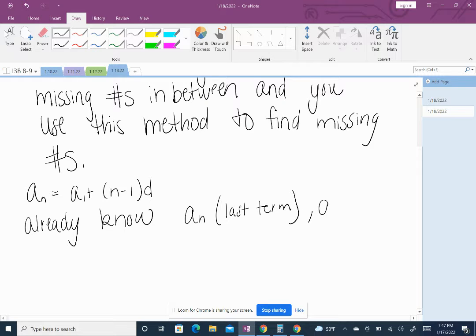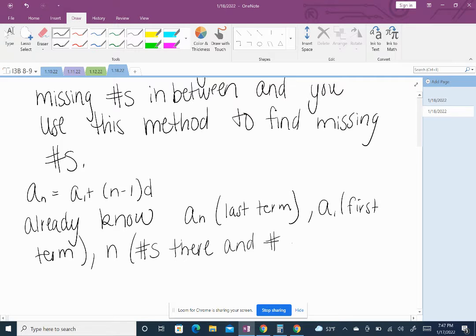And then you're already going to know a of 1. That's going to be your first term. And then you already know your n. So it's going to be the numbers there and the number of blanks added together. Okay.